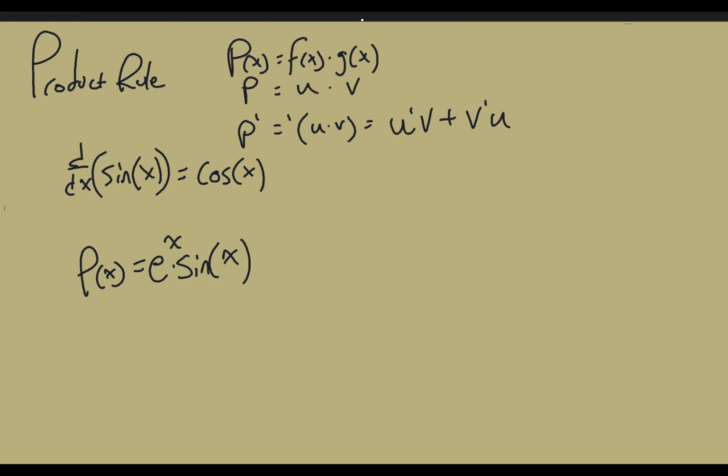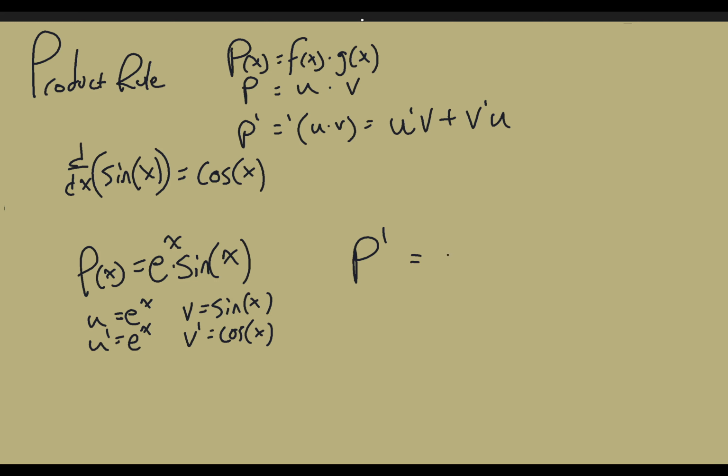So we are going to write out what each of these two functions are. The first one is e to the x, and the second one is sine of x. When I find u prime, well, we know the e to the x rule is itself, and v prime, I just told you, is cosine of x. So if I want to find p prime, I would simply follow the rules.